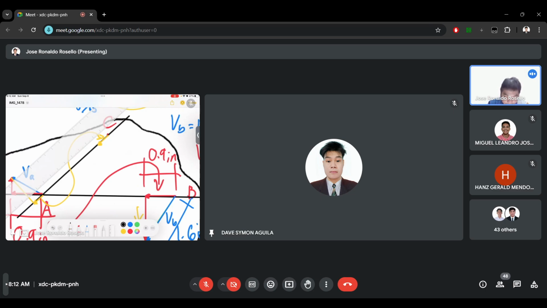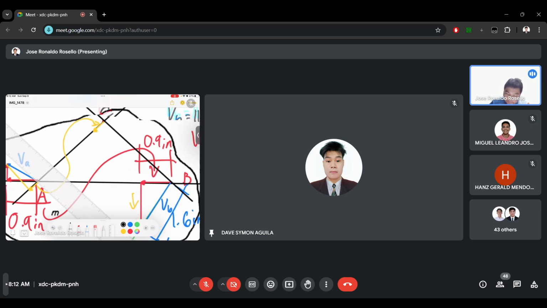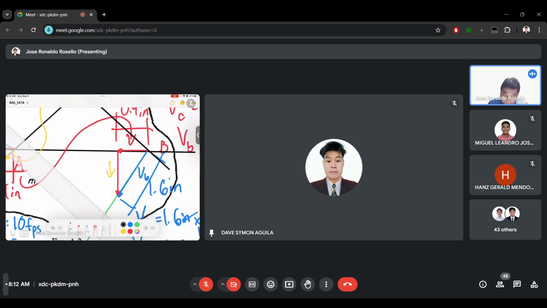So again, let's make a straight line by connecting point B and point C. And making also components of the vector VB.